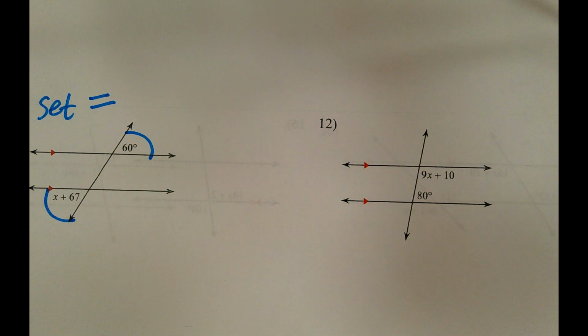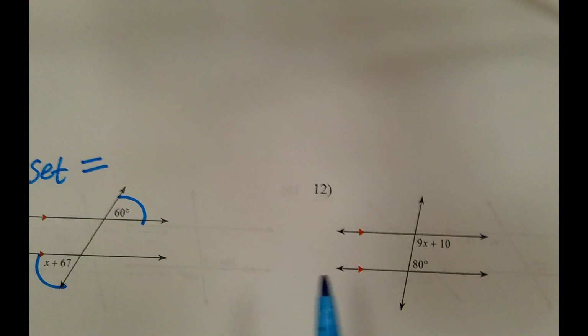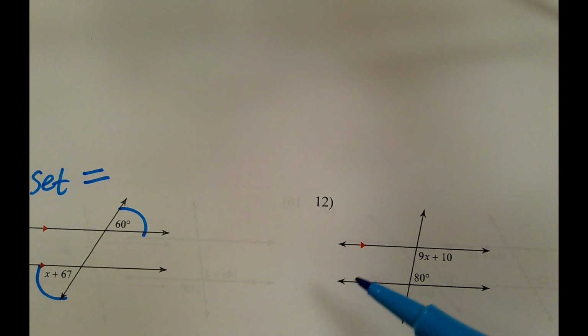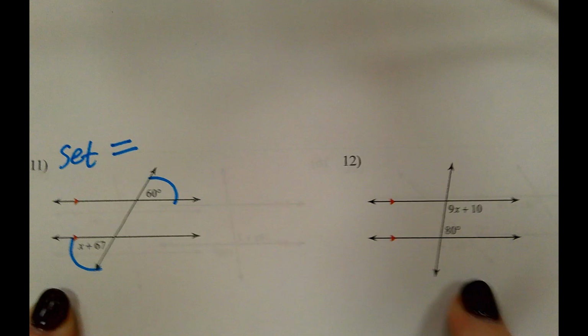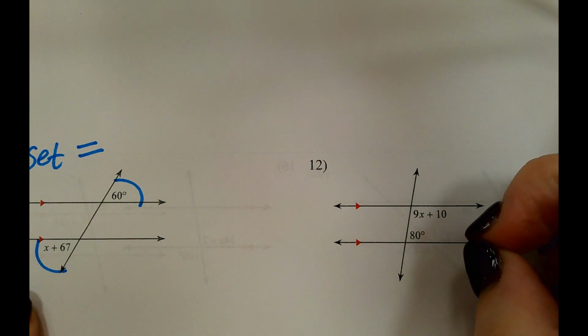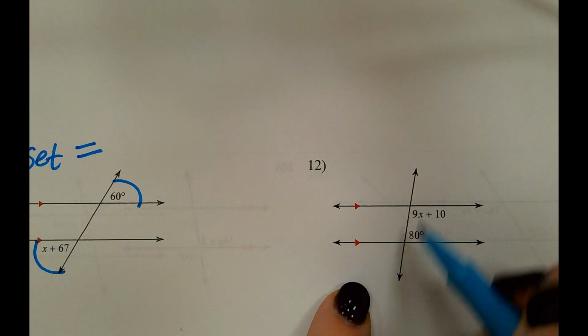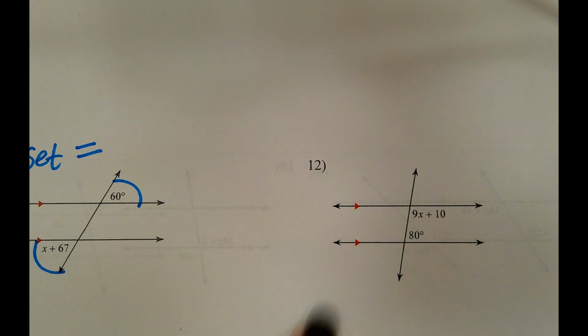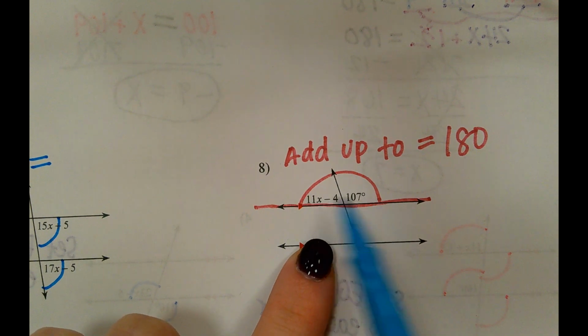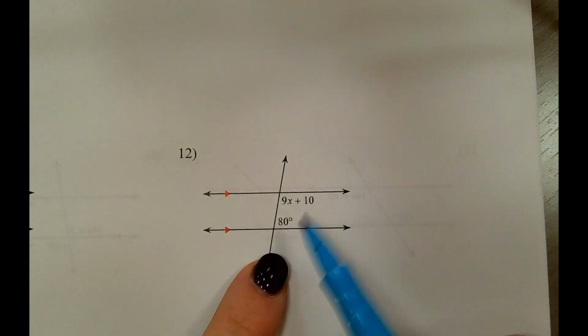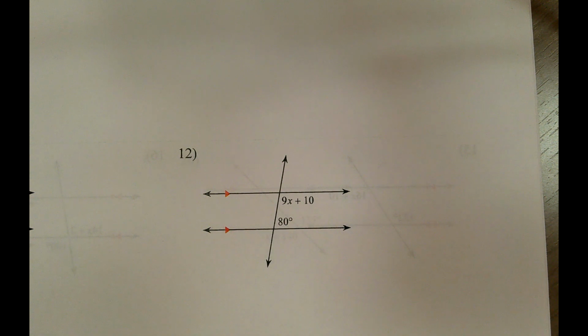So here's something that can really help. If you notice, the angles that have less space between them, like when they're directly side by side, they almost always add up to 180. Like on number 8, they're right next to each other, 180. Number 12, they're right next to each other, 180.